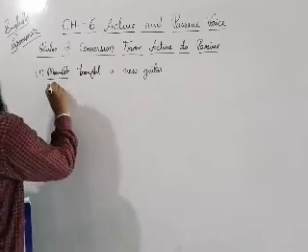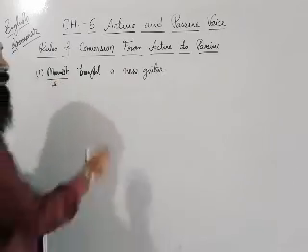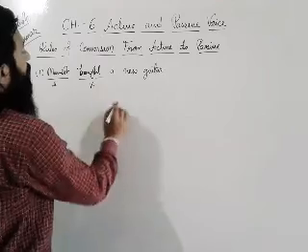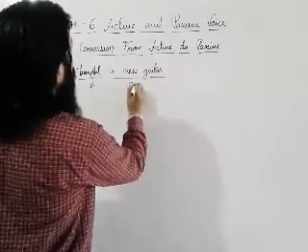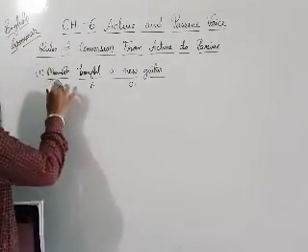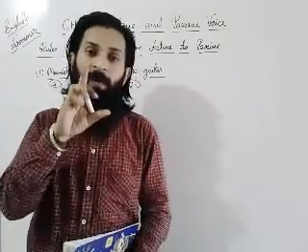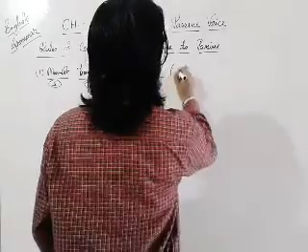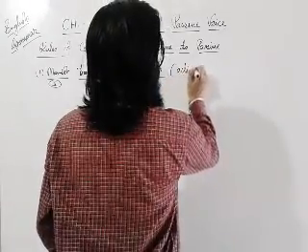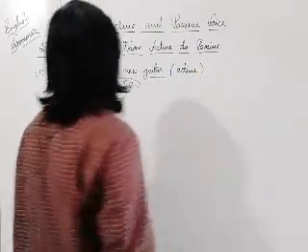This one is your subject, this one is your verb, and this complete part is your object. You know subject, verb, and object. Then we can say that this sentence is in active voice only.